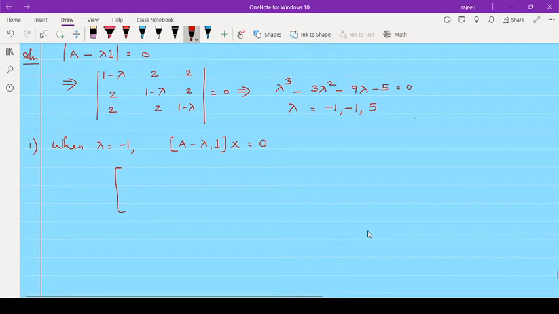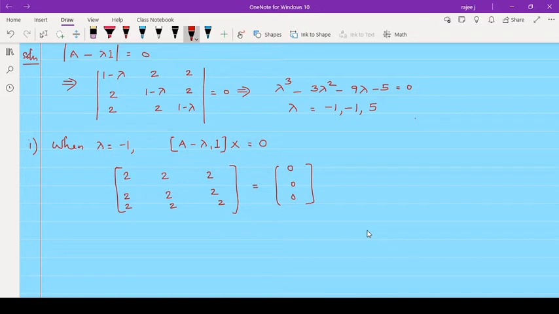What we have to do is subtract the eigenvalue from the diagonal elements. Lambda equal to minus 1, so 1 minus minus 1 is 2 on the diagonal. So we get 2, 2, 2; 2, 2, 2; 2, 2, 2, a matrix consisting of all the same elements.